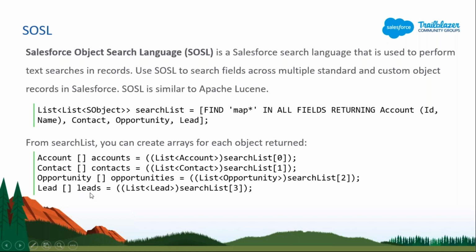So it will be an array of the objects. Account will be at the 0 index, contact at the first index, opportunity at the second, and lead at the third. You know the indexing in an array starts from 0 and not from 1 actually. So 0 will contain account, 1 will contain contact, 2 will contain opportunity, and 3 will contain lead. That's how we can separate all those objects.